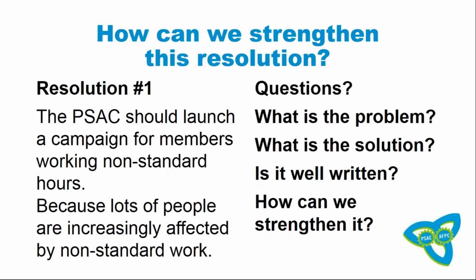So the first one, and I'm going to give for each question about 30 seconds for people to go type into the chat box and let me know what the problem is. And then we'll go to the solution and then how we can strengthen it. So let me know what you identify as the problem. I'll just give you a few seconds.